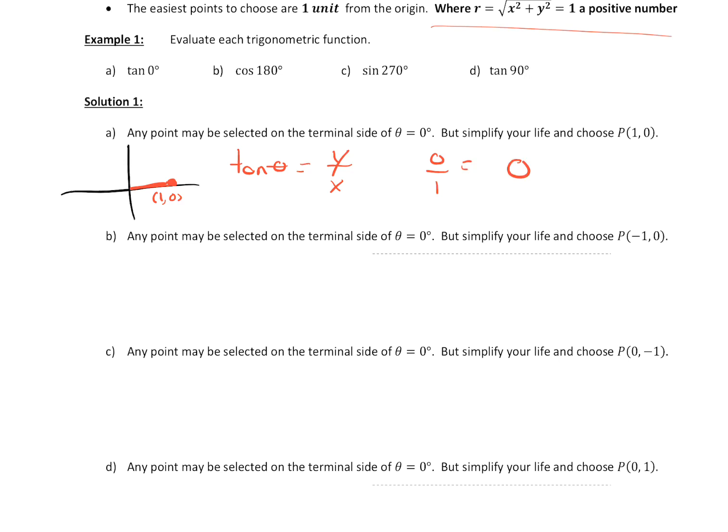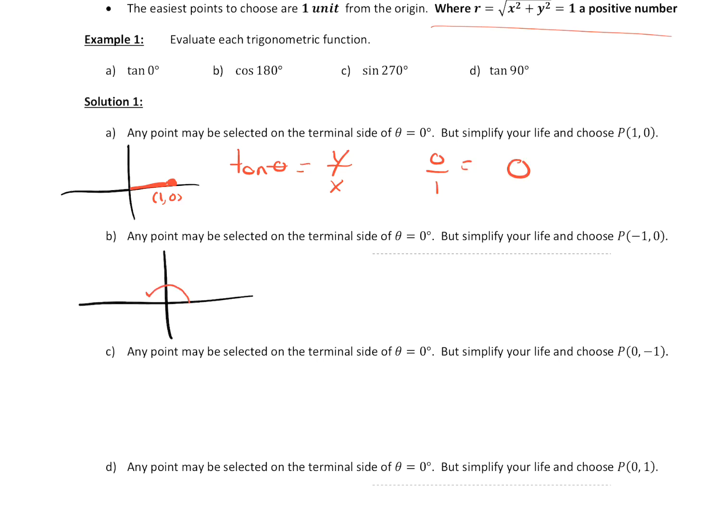Now, the second question is cosine of 180 degrees. So again, take any point, but there's no point picking anything other than (-1, 0). It just makes life way easier. So again, we have our grid, and now you have your line.